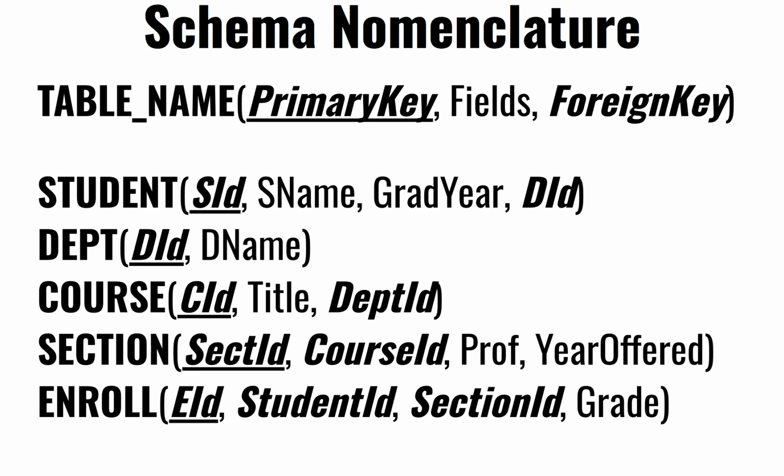The nomenclature that we're going to be using throughout the semester is that we'll use the name of the table followed by the schema, right, saying that a table will have the following fields, and where the natural fields, right, the fields that actually contain data, are going to be just plain text, right? So there's the natural fields, right, that refer to presumably real life phenomena, right? Grades and years and professors and titles and names and whatnot.